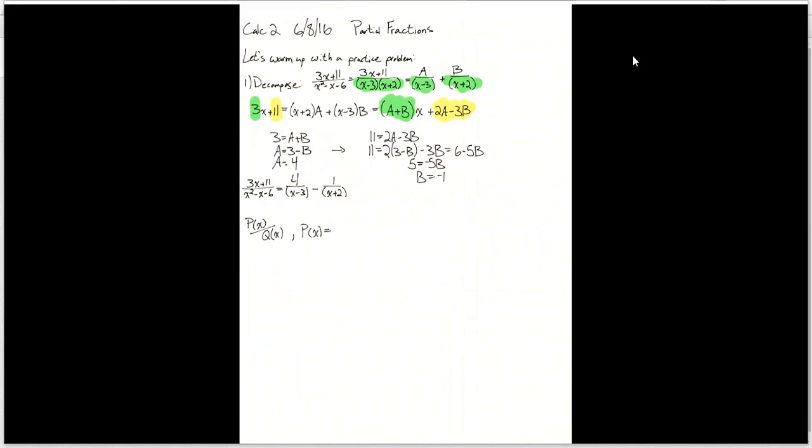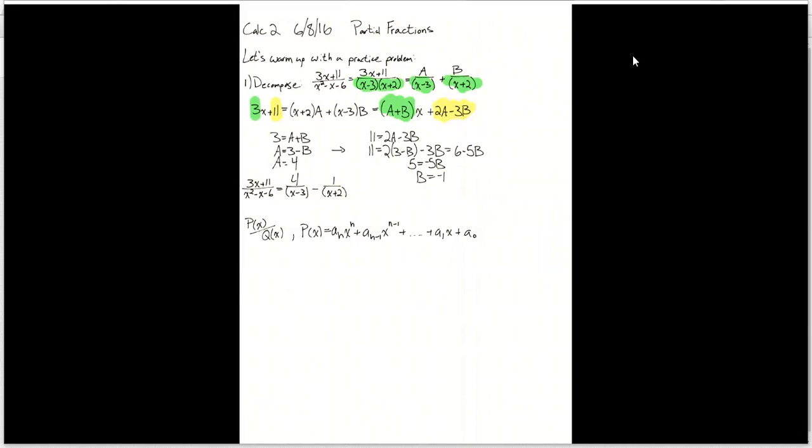It might look something like a sub n x to the n plus a sub n minus 1 x to the power of n minus 1 plus some other terms, and then eventually we get to a1 x plus a naught. So it's a polynomial of degree n, and the a sub n, a sub n minus 1, those are just coefficients, right?